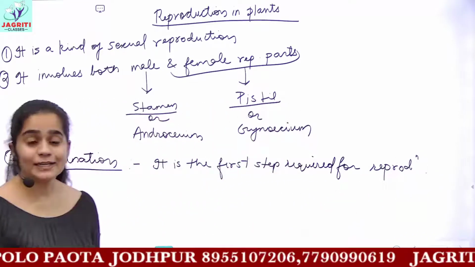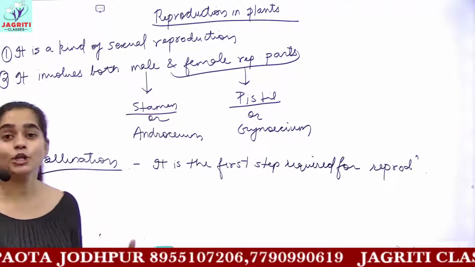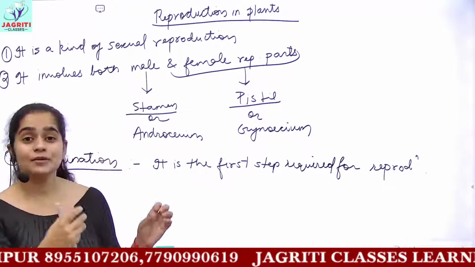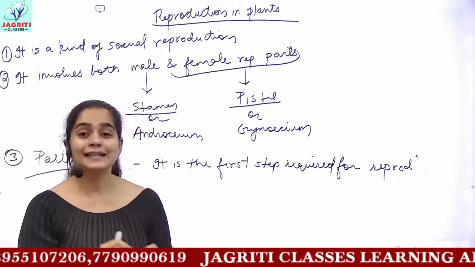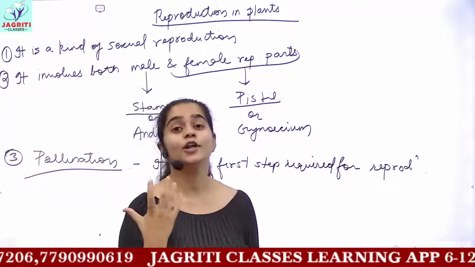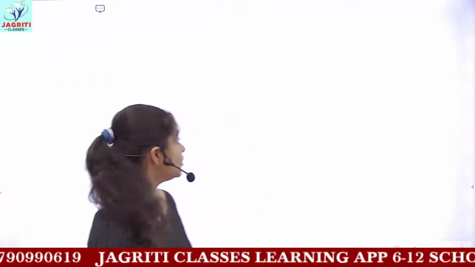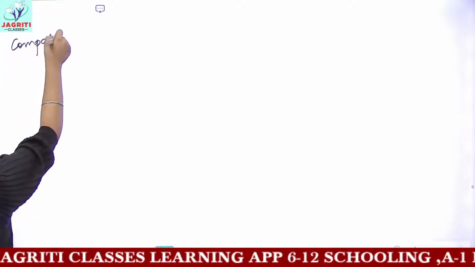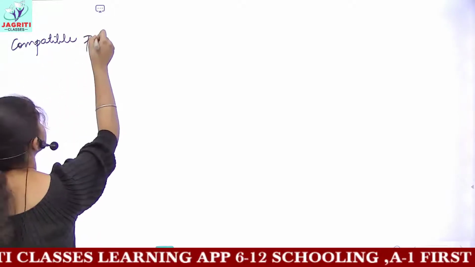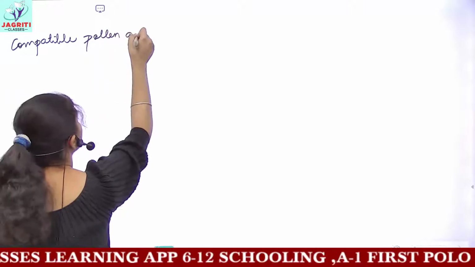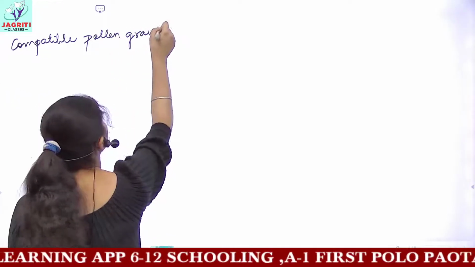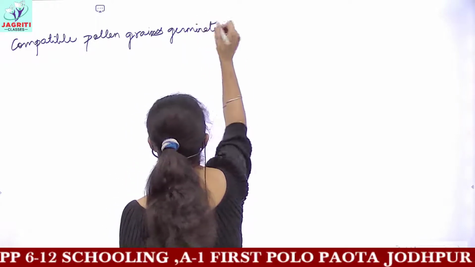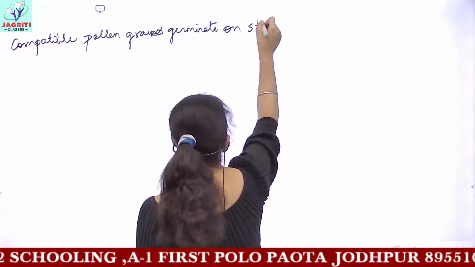Then after pollination, whenever the compatible pollen from the male part is received by the stigma, these pollens would germinate on the stigma. So after pollination, the compatible pollens germinate on stigma.